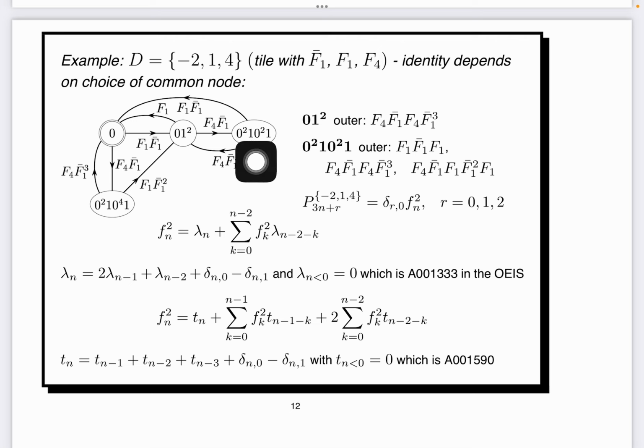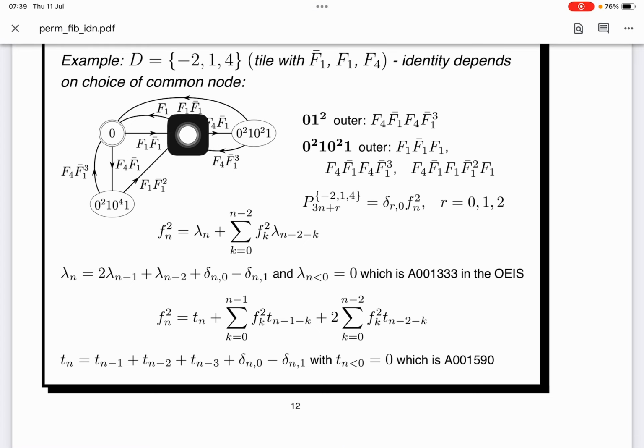Now, in this case, we have two possible common nodes. If we choose this one to be the common node, there's only one outer cycle. If we choose this one to be the common node, then we actually also have an additional two outer cycles here. So we end up with two possible formulae from this digraph.